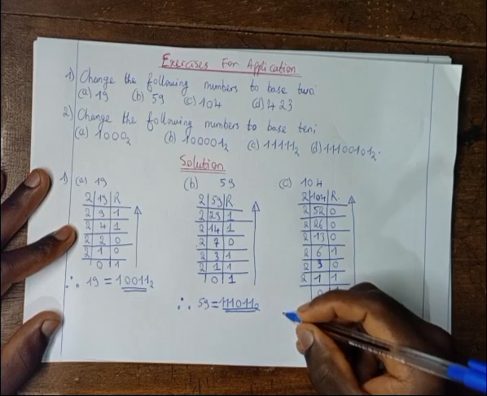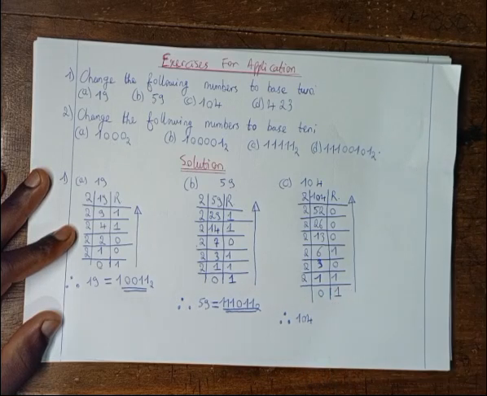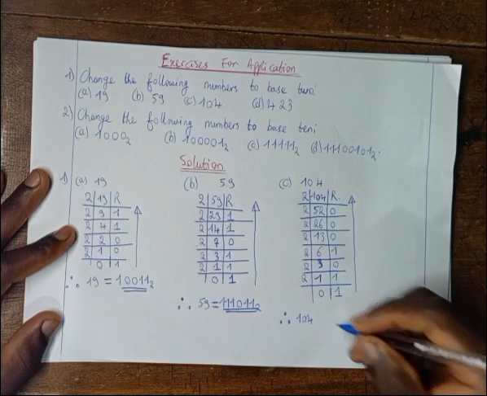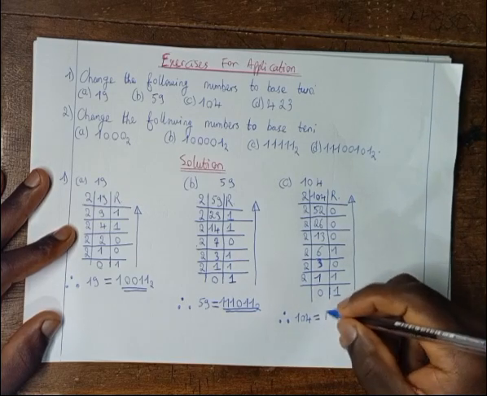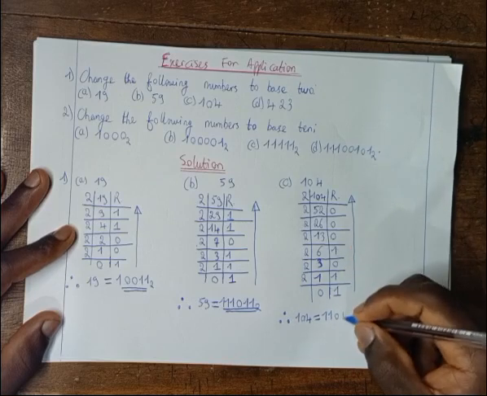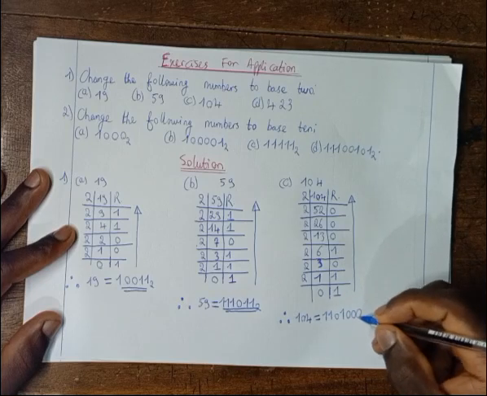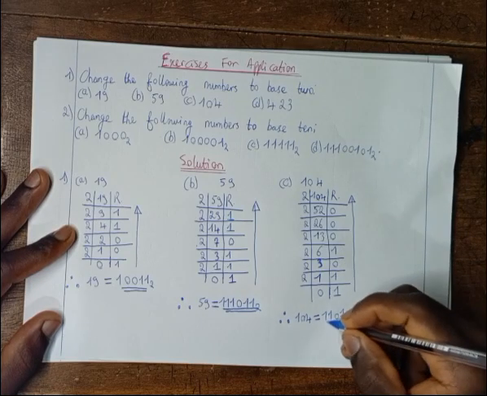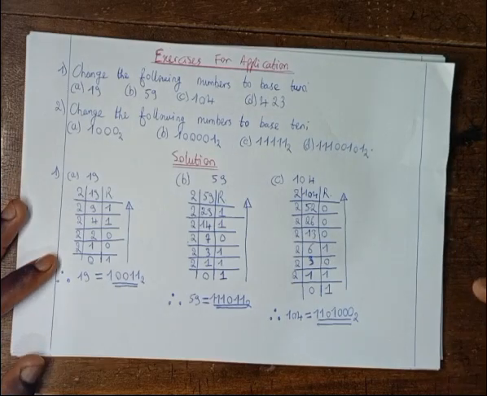We conclude, therefore, the number 104 in base 2 is simply equal to 1 1 0 1 0 0 0. Then we must precise the base, base 2. We are done with C.